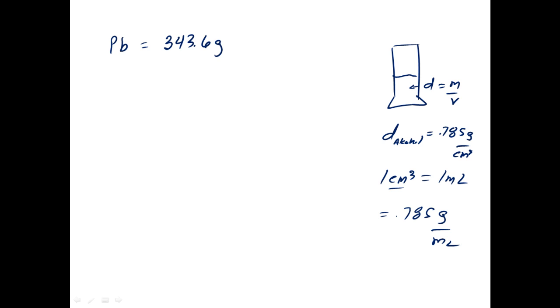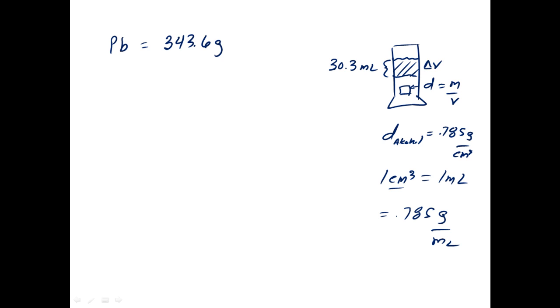All right. So what happens is you place this lead shot or slug into the alcohol, and that's going to cause the volume to rise somewhere up here. So we have this change in volume, and they tell us that the change in volume is 30.3 milliliters. That's what this change in volume is.